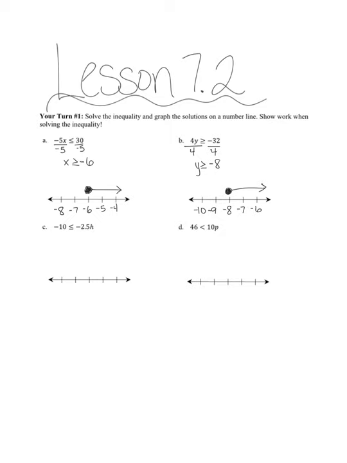And now for C, negative 10 is less than or equal to negative 2.5h. So I'm going to divide by negative 2.5 on both sides.